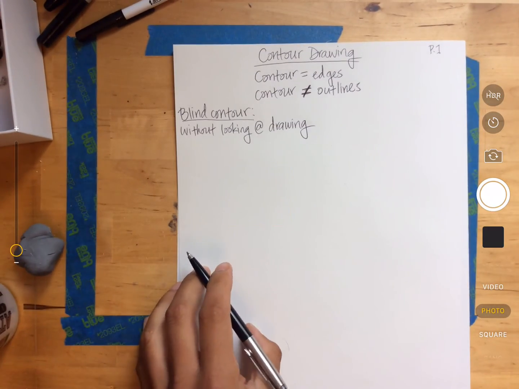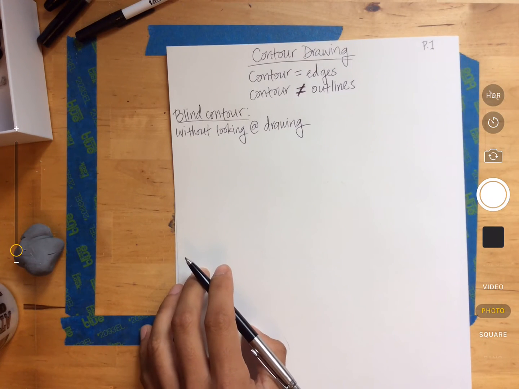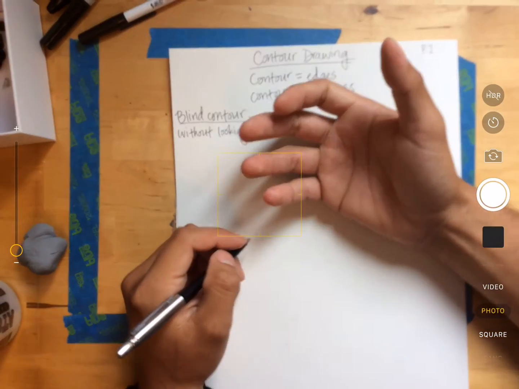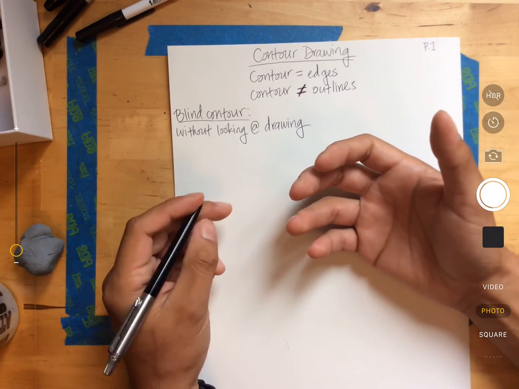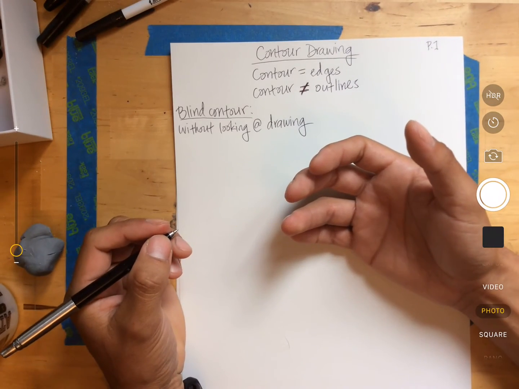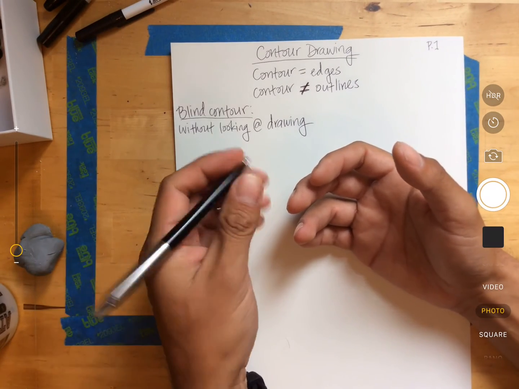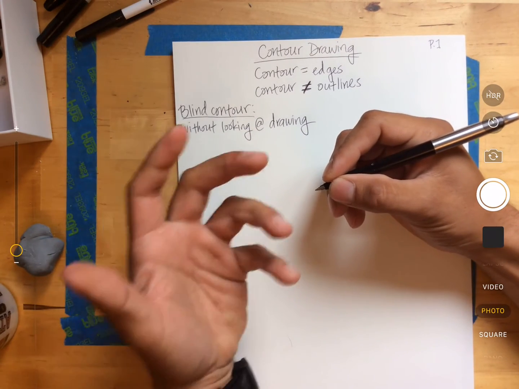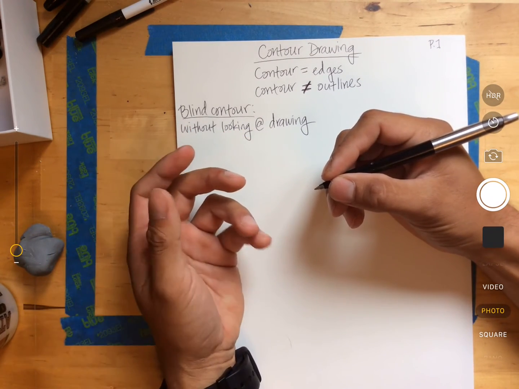I'm going to do it first to demonstrate it for you, and then you guys are going to do it, right? So we're going to draw one hand. I am left-handed, so I'm going to be looking at my right hand. The majority of you are probably not left-handed, so you will be holding your pen with your right hand and looking at your left hand, okay?